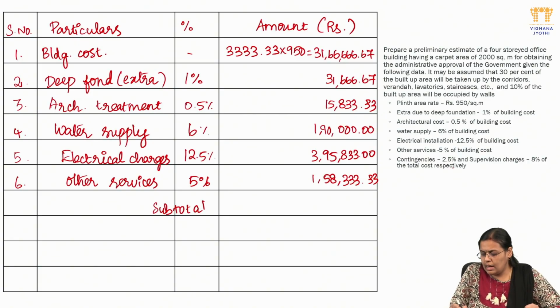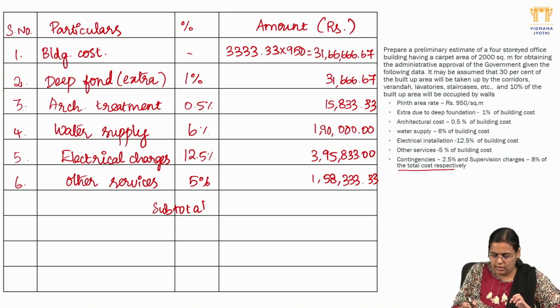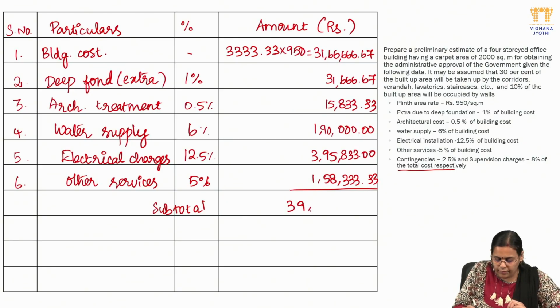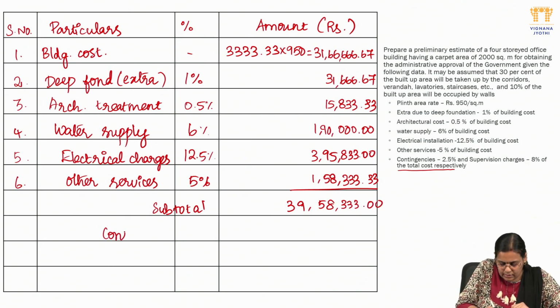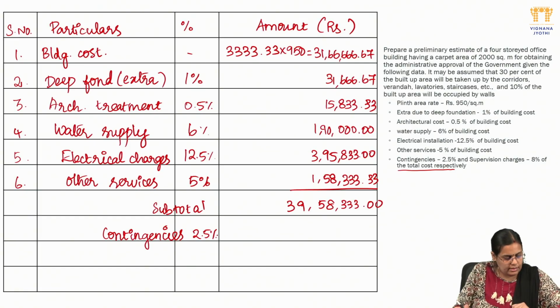Because other particulars are contingencies and supervision charges. They mentioned in the question itself, it is in terms of total cost. So subtotal would be around 39,58,333. And contingencies is equal to 2.5%, which would be around 98,958.33.